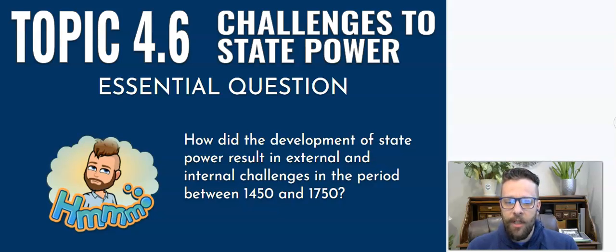So today we're going to focus on this essential question of how did the development and expansion of state power result in external and internal challenges? So external, that general resistance that empires faced as they conquered people, and internal, or rebellions from enslaved people between 1450 and 1750.